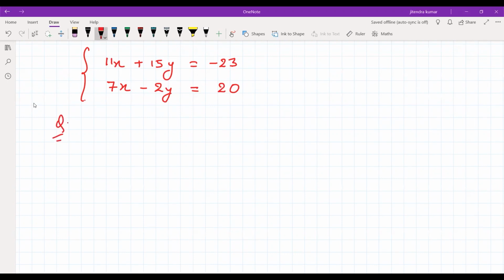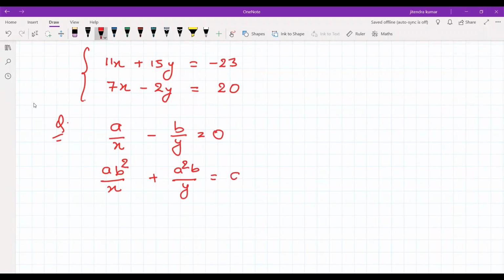Okay, so we have to find the solution here, the value of x and y.